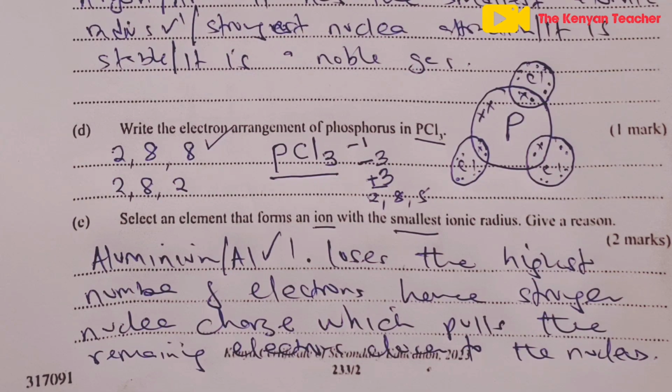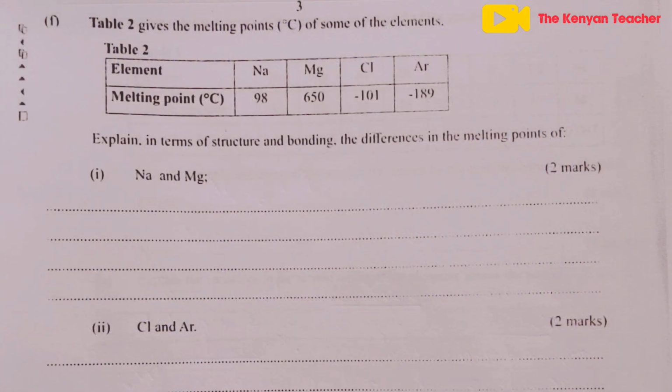With that, let's now proceed to part F of the question. In part F, we have been given a second table for question 1.